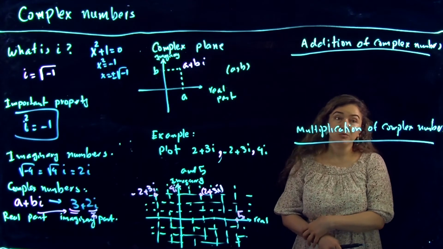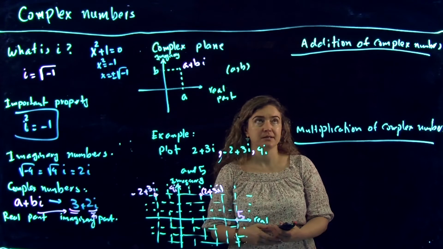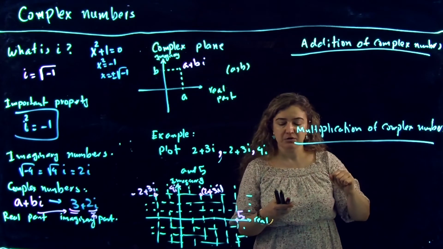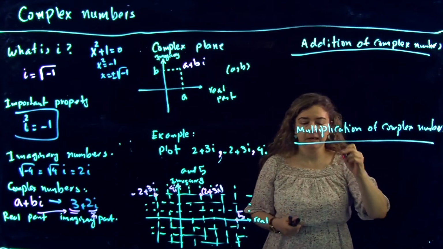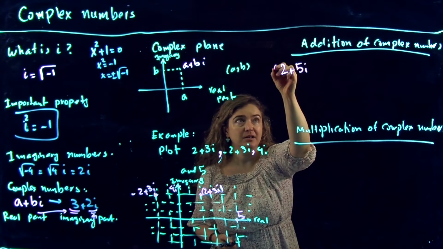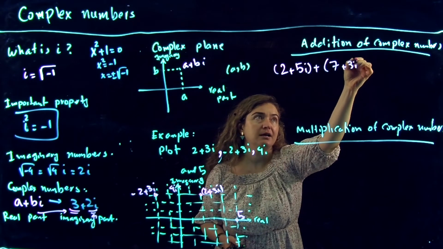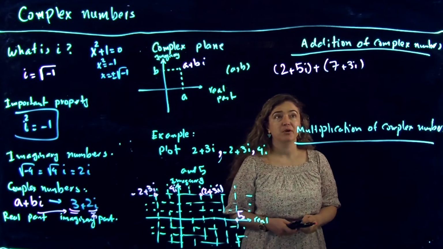Now, as with any number, we were expecting some operations with the complex numbers. How do we add two complex numbers? Let's say I'm adding 2 plus 5i, a complex number, plus 7 plus 3i, another complex number.